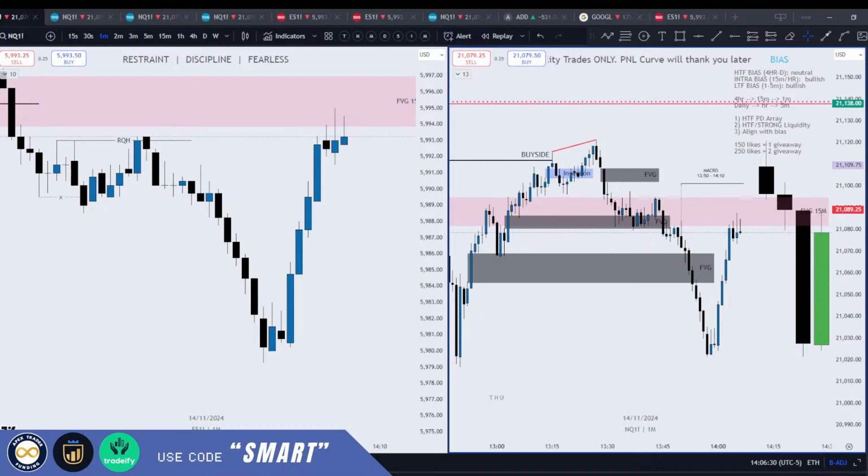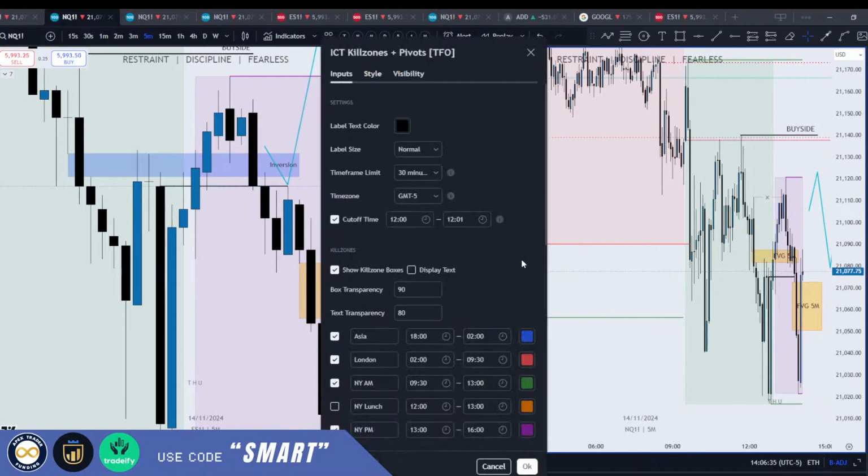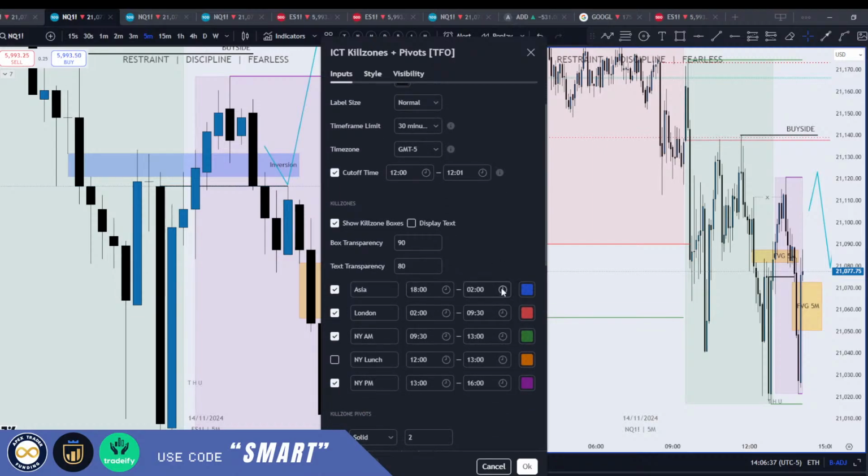What do you consider PM? That's a good question. This is kind of how I work on this. I think Lanto does the same thing, I actually took this from Lanto. Asia is futures open to 2 a.m. London, most people look at as 2 to 5. I'm going to extend it all the way to 9:30, so 2 to 9:30, and then AM would be 9:30 to 1 p.m. So it covers lunch too, which I usually ignore.